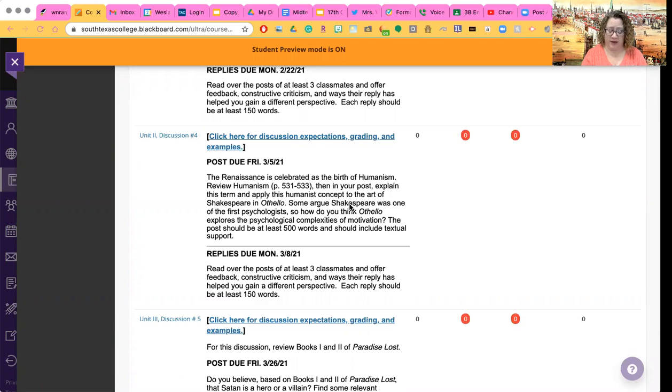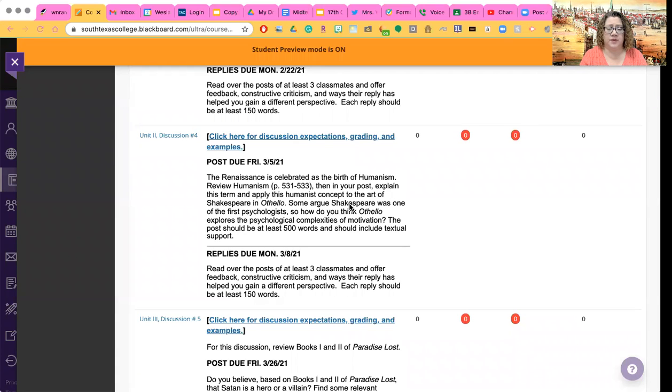I think probably Iago is the natural one to talk about there, but Desdemona has motivations, Othello has motivations, Rodrigo has motivations. So that's stemming into that psychological complexity about identity and motivation.